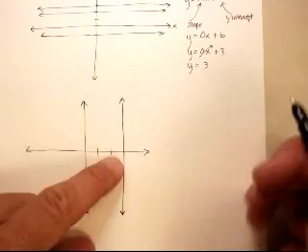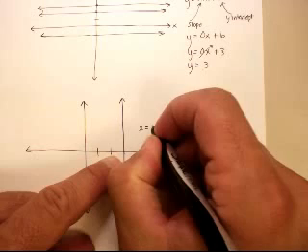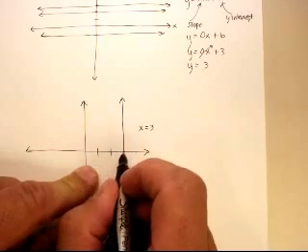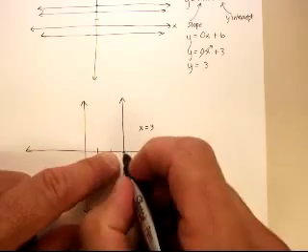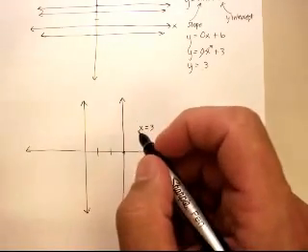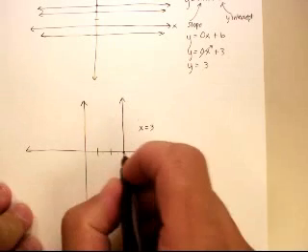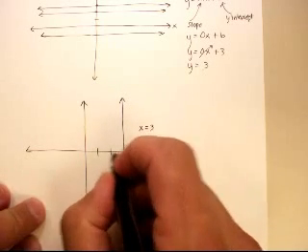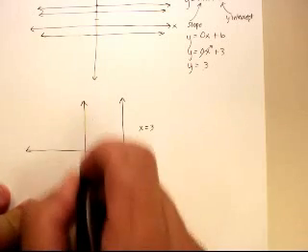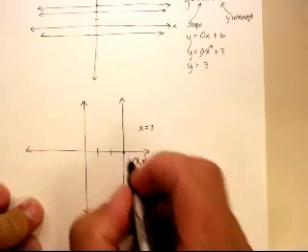Essentially think of this as just x is equal to 3, because this is where x is 1, 2, 3. So x is 3 right here, okay? Now here's the way I think of this particular problem. What's this coordinate right here? It would be 3 for the x and 0 along the y, right? So that would be 3, 0.